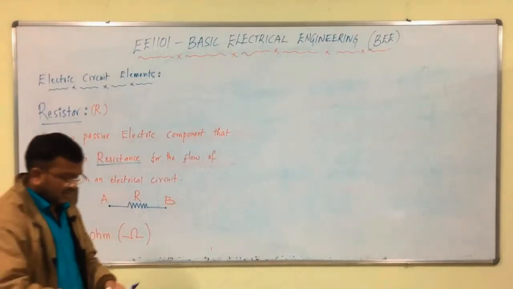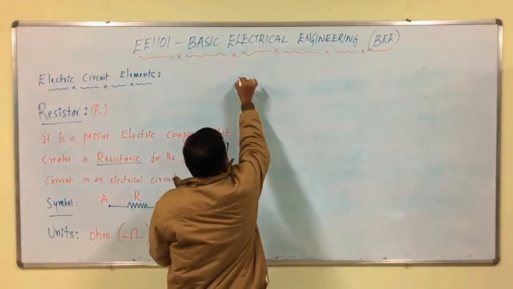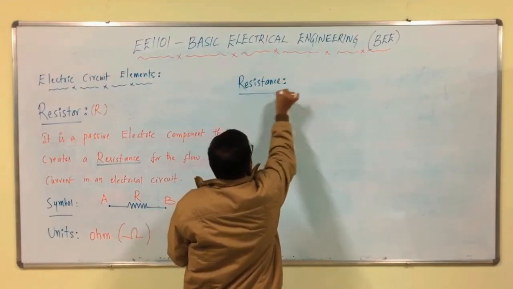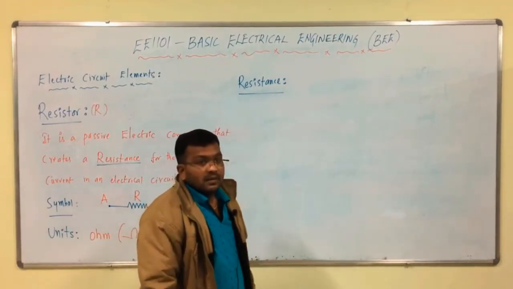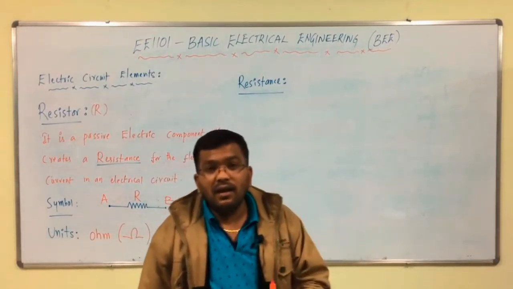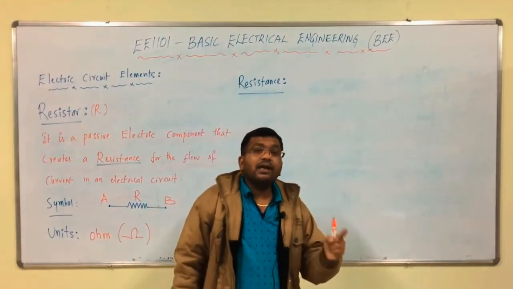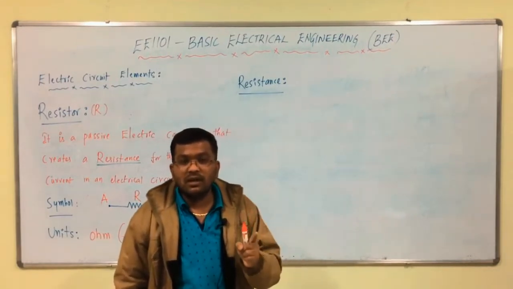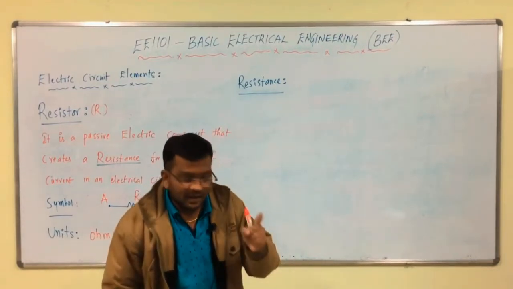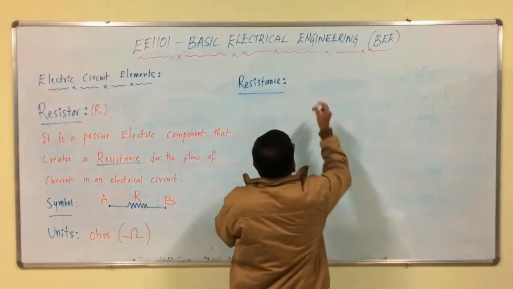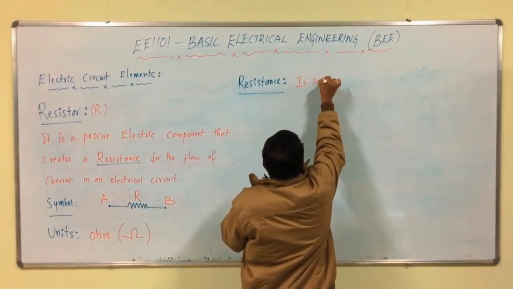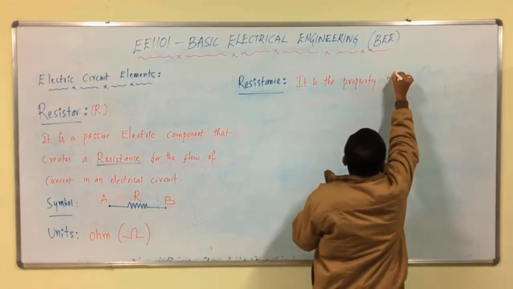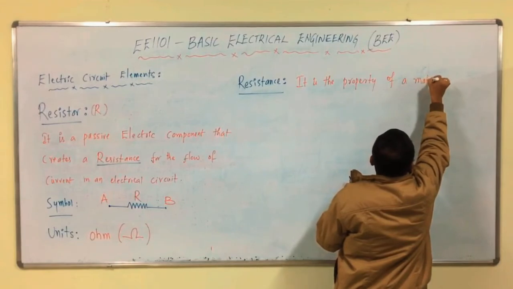Then what is resistance? It is the property of a material by virtue of which it opposes the flow of current in the electrical circuit.